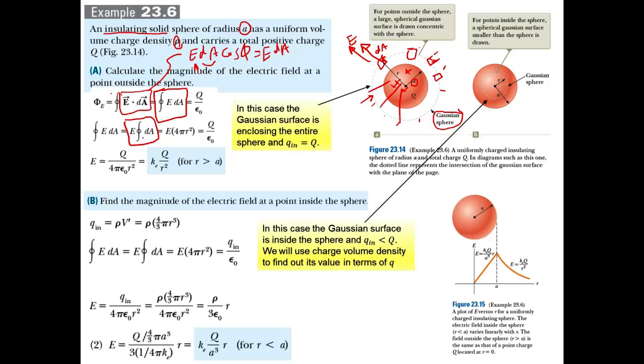Okay, so it's the integration of dA. Now, how much charge do you have inside the Gaussian surface? Well, we have everything inside it, so Q in is equal to Q. Okay, we know this. What's the integration of dA?